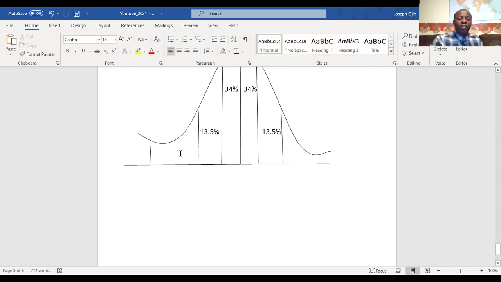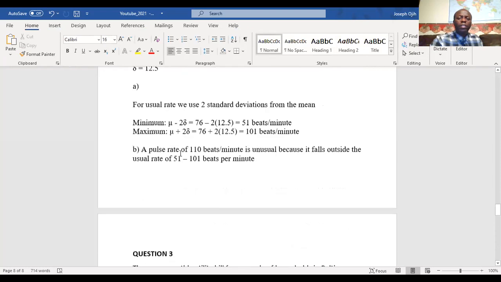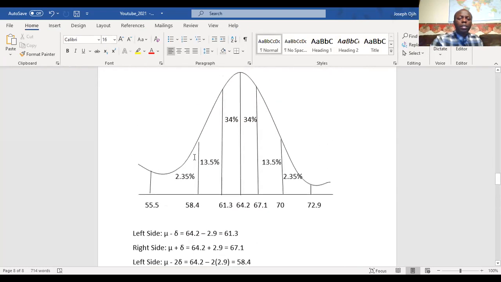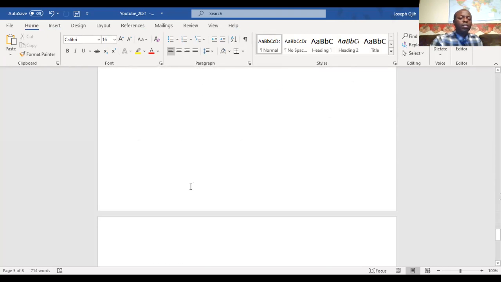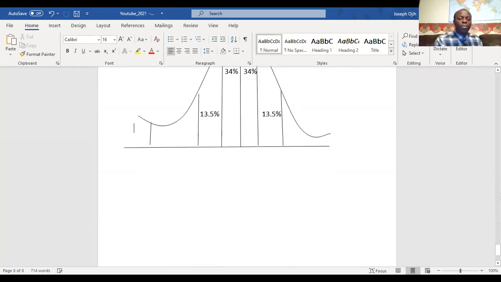And then here, I think what we have there is 2.35%, 2.35%, 2.35%, 2.35%, and then here is 2.35%.